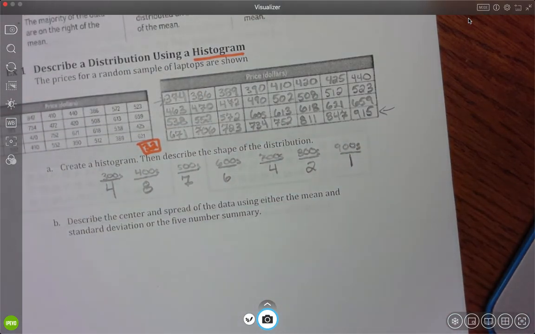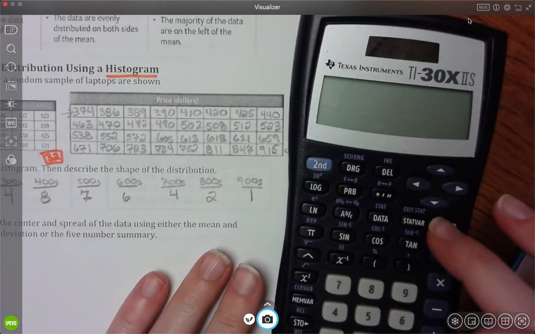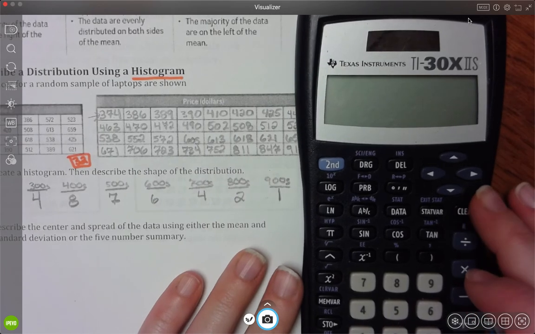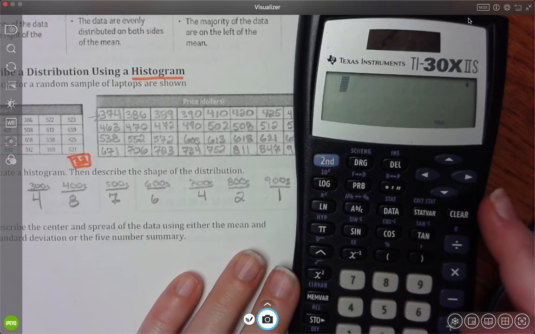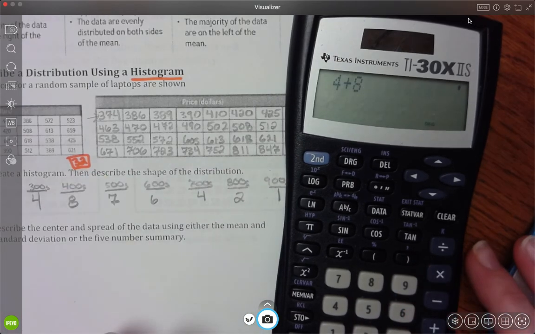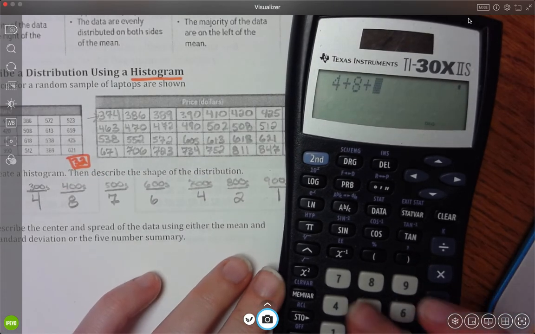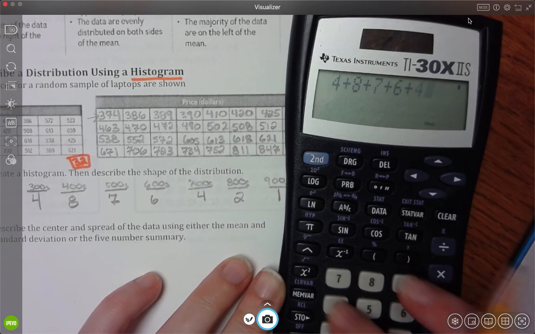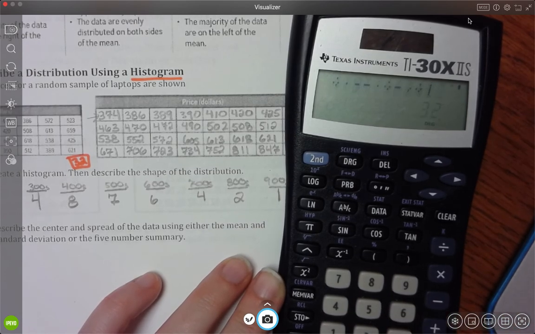Okay, I am going to check to make sure I got all of those by adding them up. They should add up to be 32, because there's 32 numbers. So 4 plus 8 plus 7, plus 6, plus 4, plus 2, plus 1. 32, we got them all.